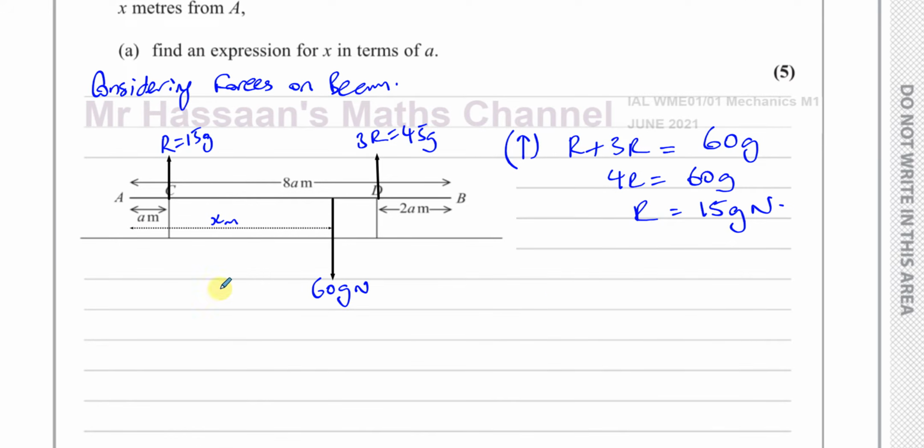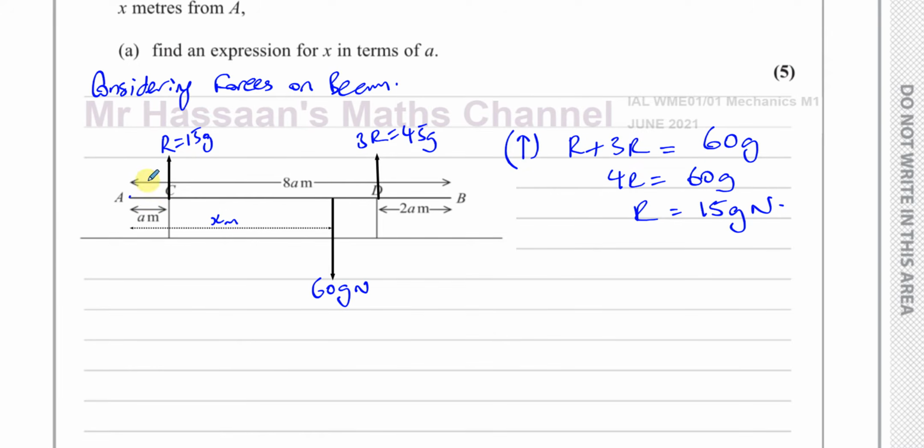As we want to find the distance of the center of mass, x meters from A, the most sensible thing to do would be to take moments about the point A. We could take moments about C or D, and that would eliminate one of these forces, but we don't need to because we know what both of them are.